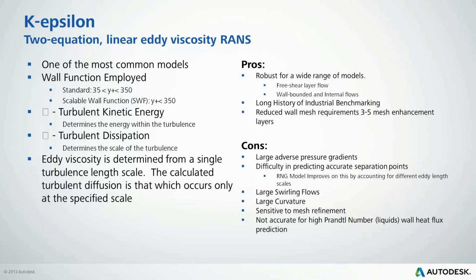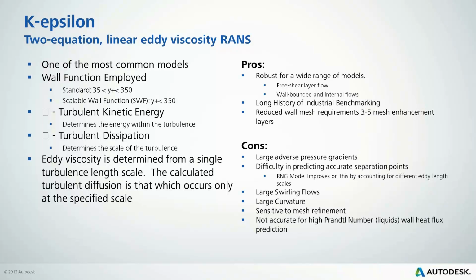In terms of K-epsilon, this is a two-equation linear eddy viscosity Reynolds-averaged Navier-Stokes approach. What it does is it tries to model the turbulence throughout the flow domain, where it effectively changes the viscosity and conductivity based on what the turbulence would change inside the flow domain. Okay, hopefully that made sense.